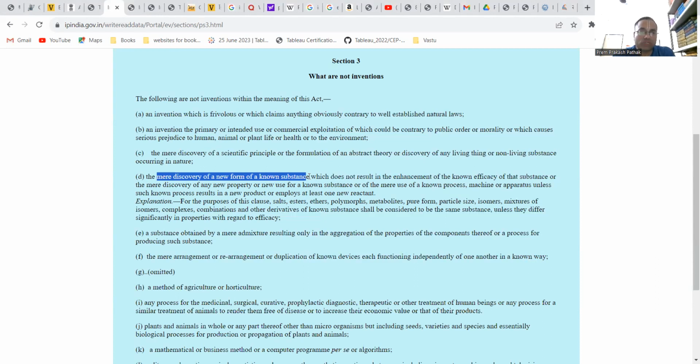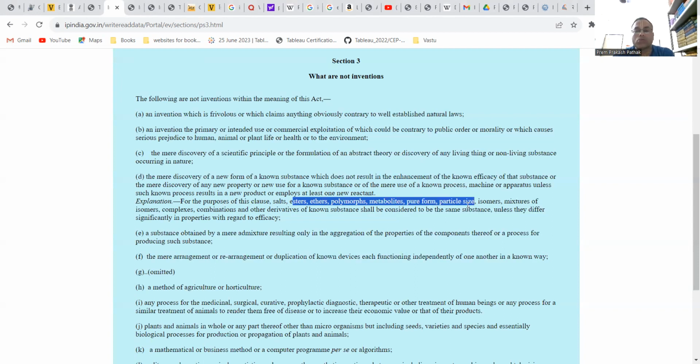So an isomer or an isotope or a racemic mixture, R and S, or dextro and levo, anything, a new form. It could be a salt or anything else. It's mentioned here for the purpose of this clause: salts, esters, ethers, polymers, metabolites, pure form, particle size.